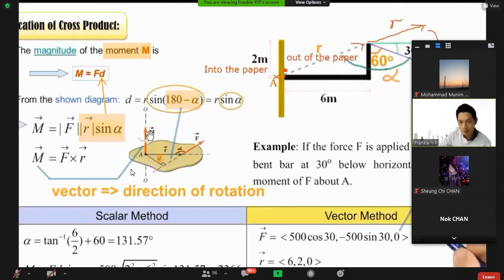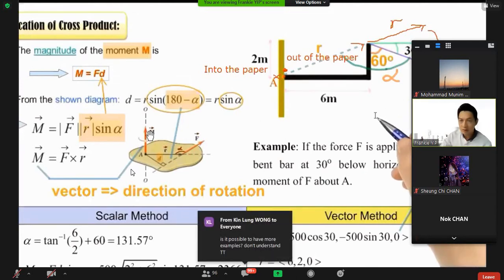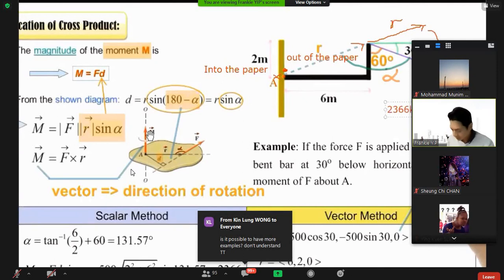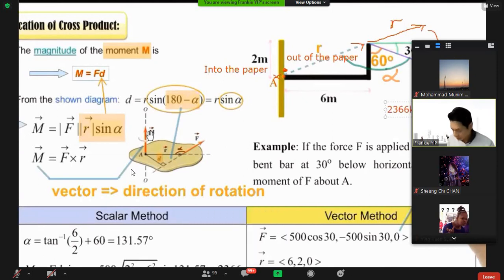Then, just now I calculated the result with 66k over here. That means it's pointing upward, not downward. So it's misleading you. Okay. That's it.